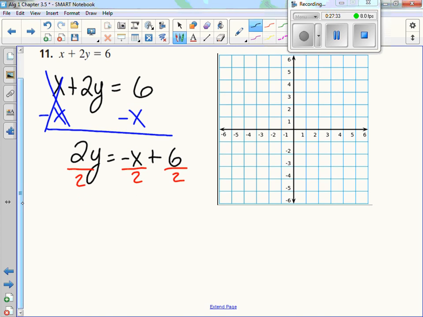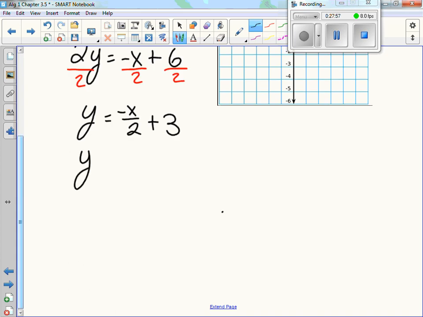Just for this here, 2 divided by 2 will give me 1, so I will have y by itself. Now, negative x divided by 2 is really going to be negative 1/2 x, or negative x over 2, plus 6 divided by 2 would give me.